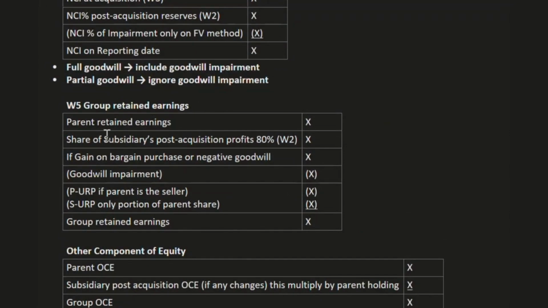So we need to add it. Share of subsidiary post acquisition profit means the parent will multiply their percentage with the post acquisition profit.